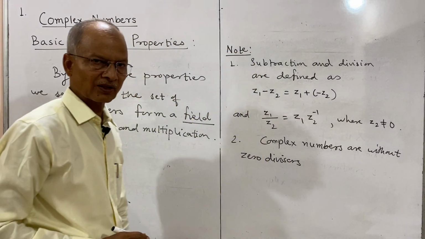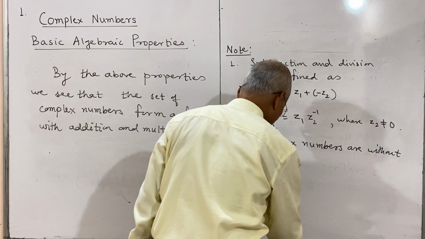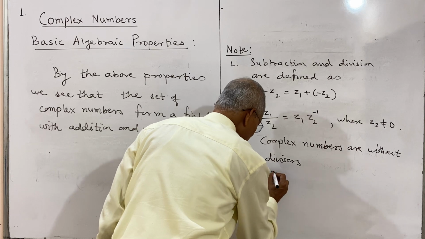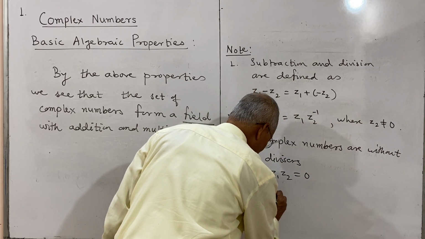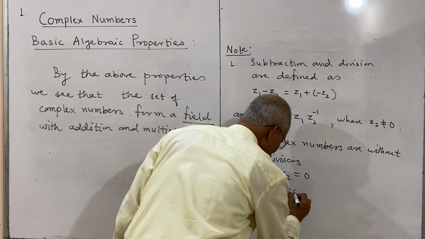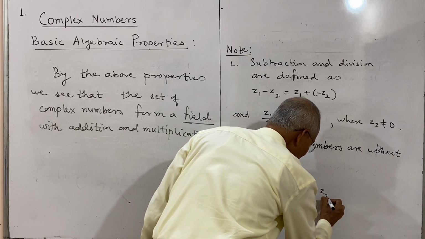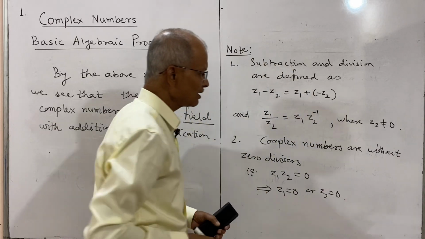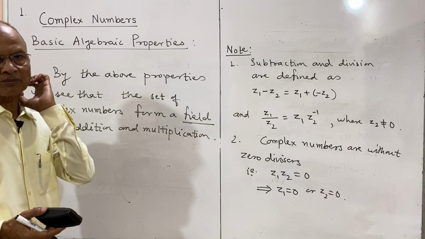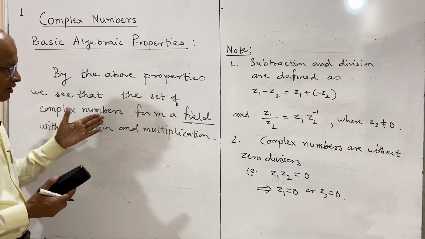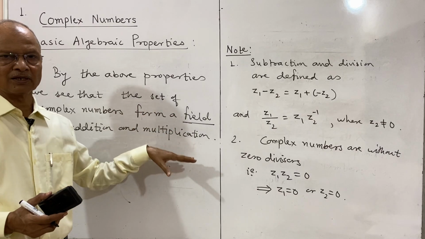From algebra we see that Z1 into Z2 is equal to 0 implies either Z1 is equal to 0 or Z2 is equal to 0. This property holds in complex numbers, or actually the set of complex numbers is an integral domain because it is already a field. Every field is an integral domain.